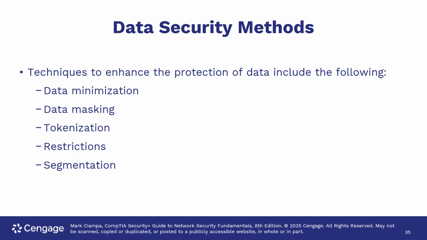Or if you're on YSU's Banner, registering for classes, and you know the CRN number or the catalog number, you don't have to type in the whole course name, like information assurance or programming and problem solving, or whatever the case might be. You have data masking. You have tokenization. You have restrictions. And you have segmentation. All of these are enhancing the protection of the data.